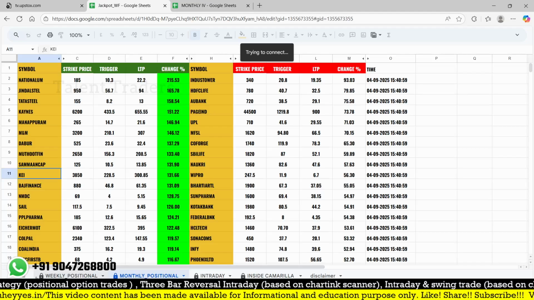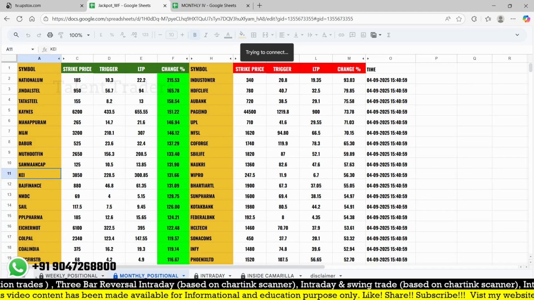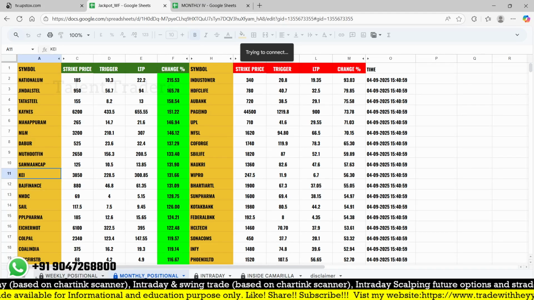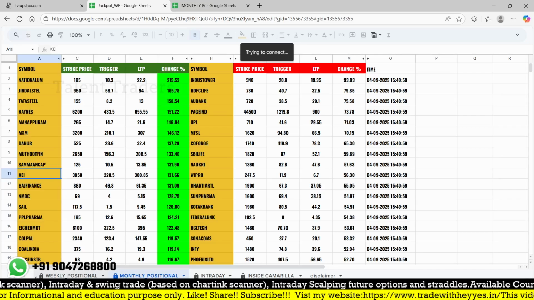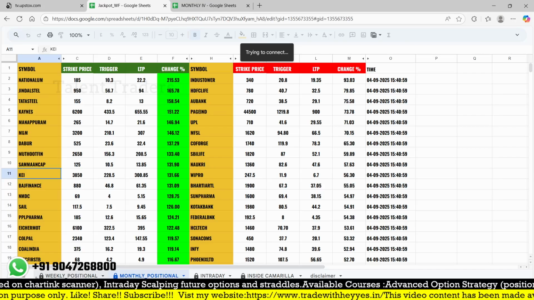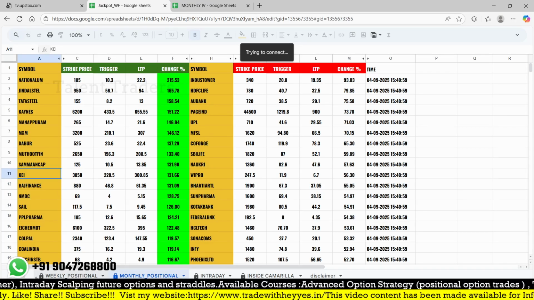But this Google Sheet, we have stopped providing. Only those who are my strategy learners can access it free up to February 26. We have stopped providing this.